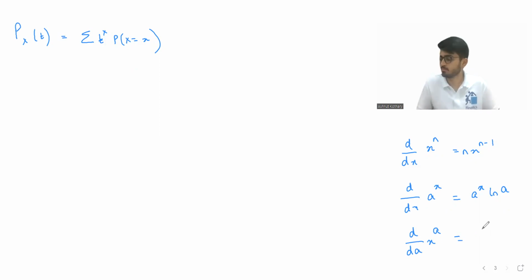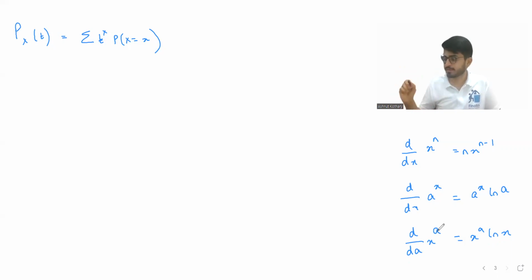This shall become x to the power a ln x. My only point is we are so fixated that the moment we do differentiation, we tend to do it in the form of x to the power anything, that we are differentiating by x only. This was just to show that if we are differentiating with respect to a, you just need to treat the structure accordingly.